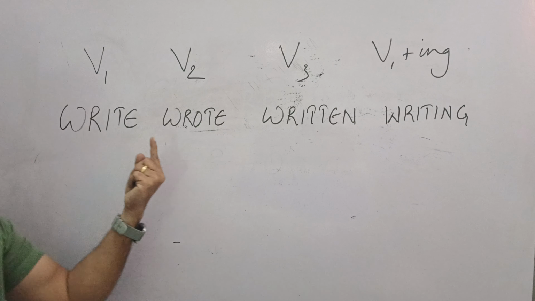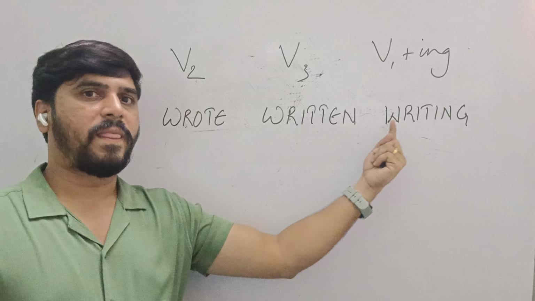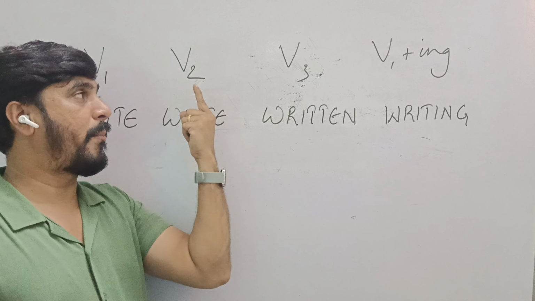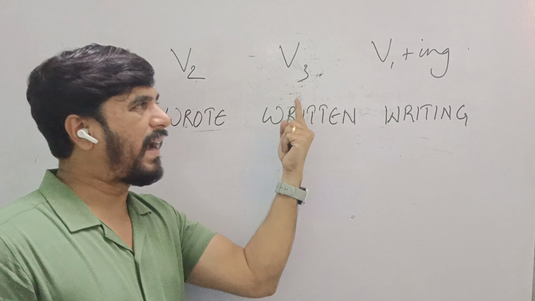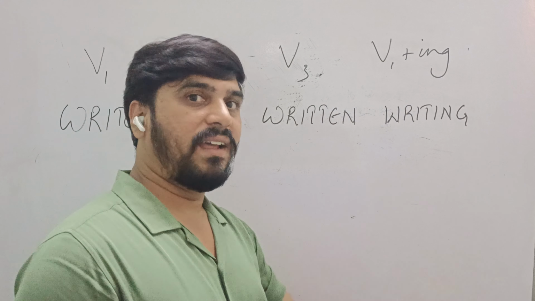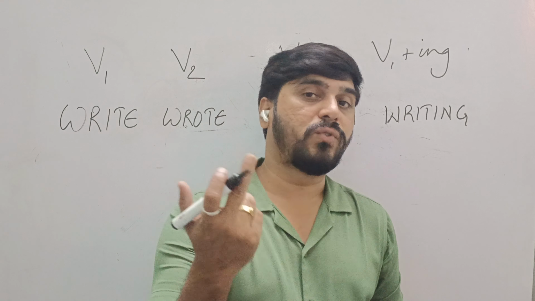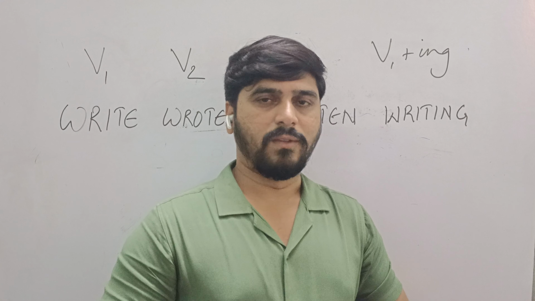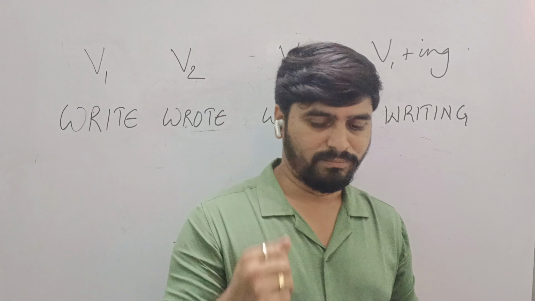Write, wrote, written, writing. This is present tense, this is past tense, this is past participle and this is present participle. Where is future tense? No? I'll tell you, don't worry.